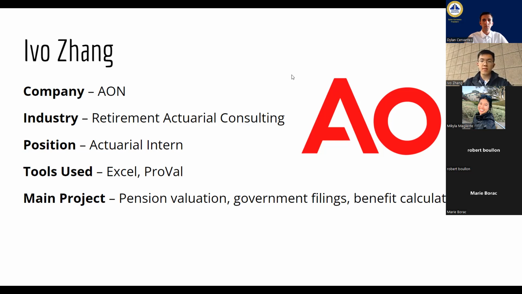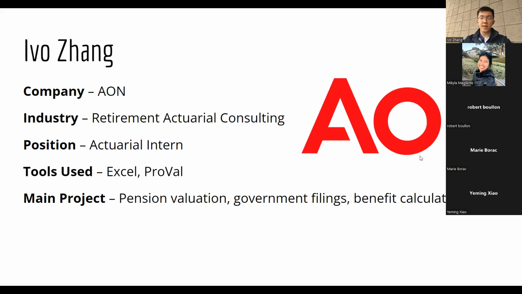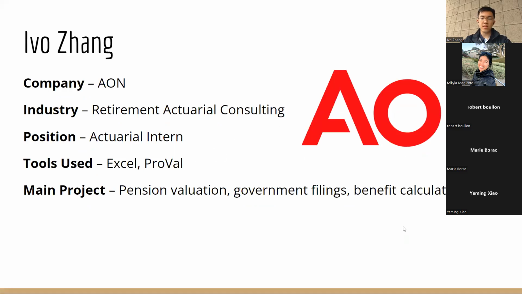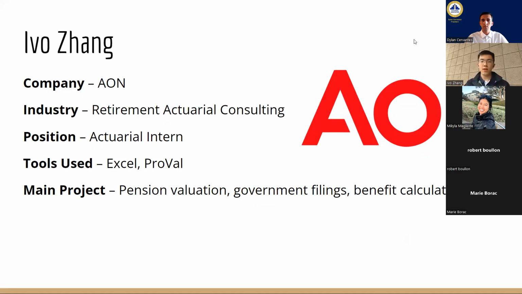So throughout the summer, as this is a consulting actuarial role that I interned with, the workflow and the dynamic is very different from the insurance side that I also worked with in the past. One of the foremost things you would notice is that as opposed to one or a few major projects that take place throughout the entire 10 or 12-week internship, my internship was comprised mostly of smaller tasks, but many of them.